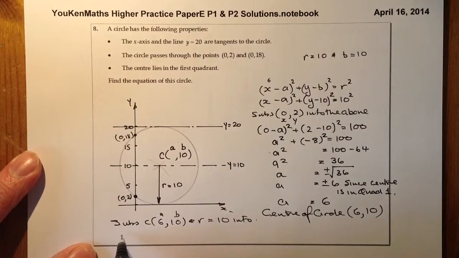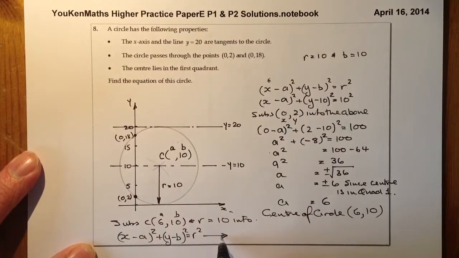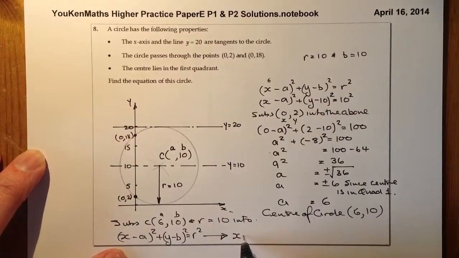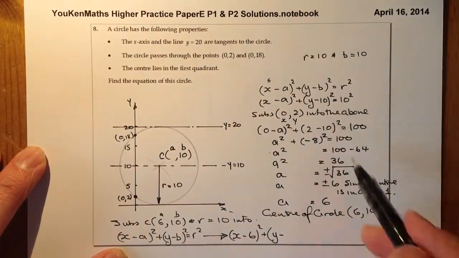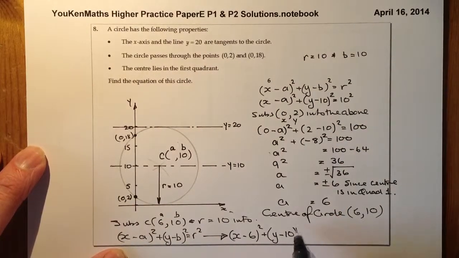So what I've got is (x minus a) squared plus (y minus b) squared equals r squared. From there, I get (x minus 6) squared plus (y minus 10) squared is equal to the radius squared.